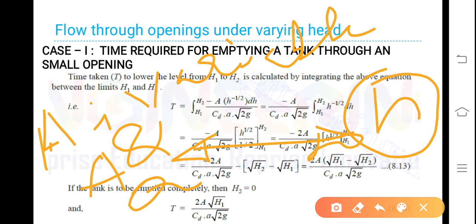If you understand this concept, then there should not be any problem understanding the expressions or derivation steps. Is it clear now?